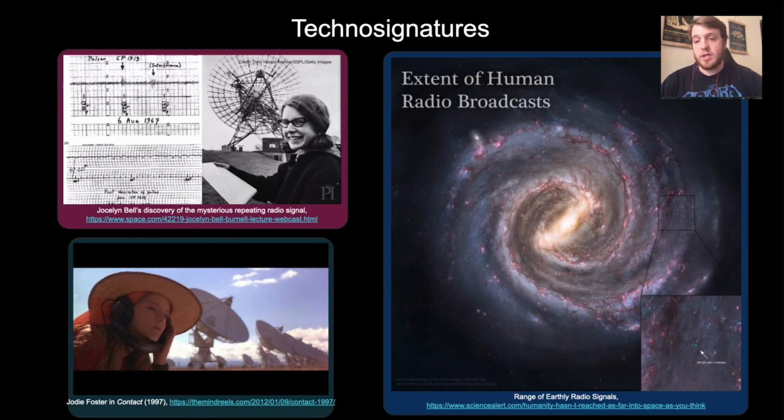This image actually shows a representation of our so-called radio range, or the extent of our radio broadcasts. You can barely see, but in the bottom right panel, there's a tiny blue dot at the center. That tiny blue dot is actually a small circle of roughly 200 light years of distance from Earth, where all of our radio broadcasts since the beginning of our radio broadcasts have reached.